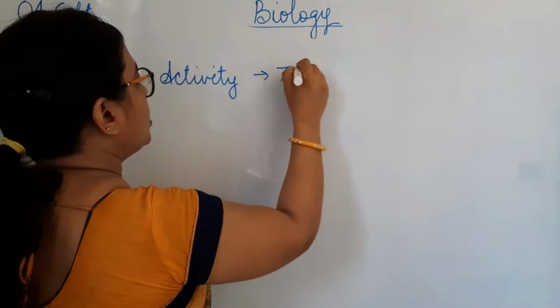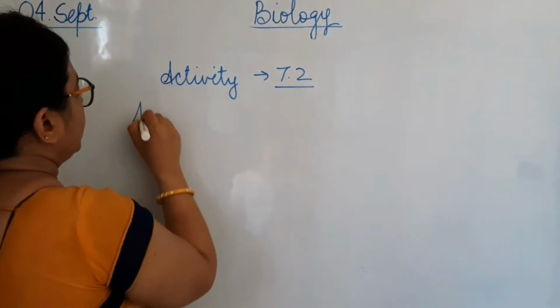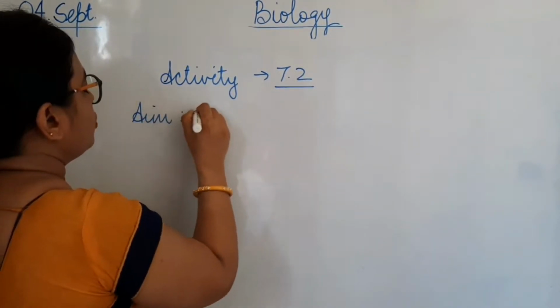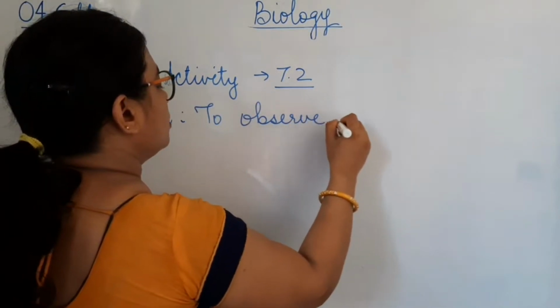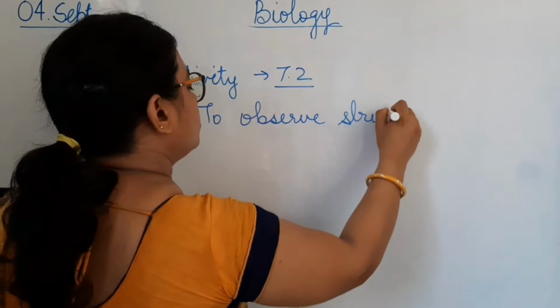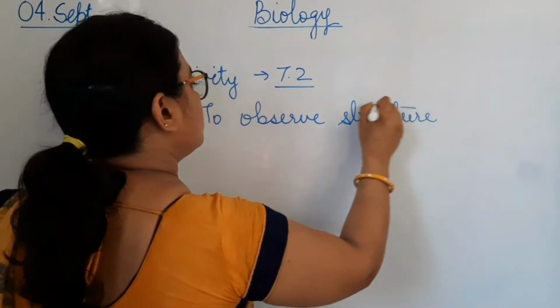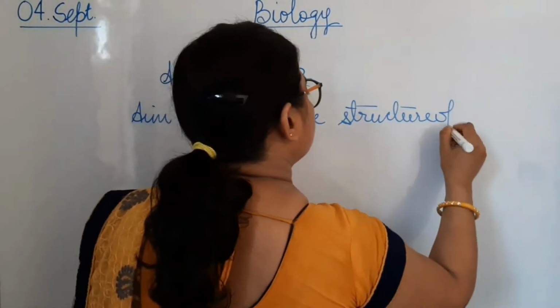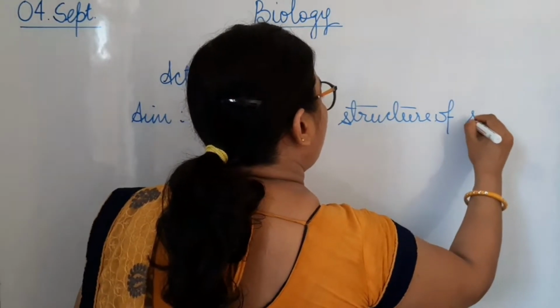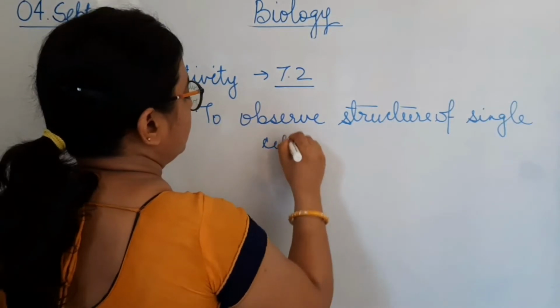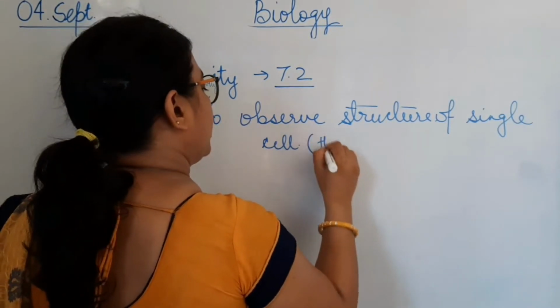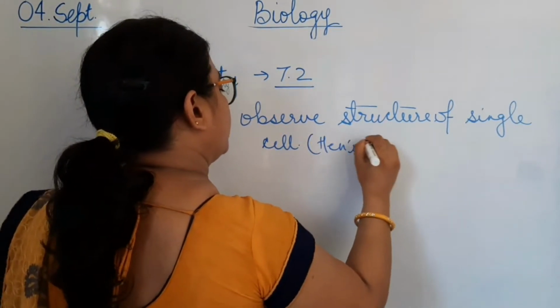Activity 7.2. The aim of the activity is to observe the structure of a single cell, that is a hen's egg.